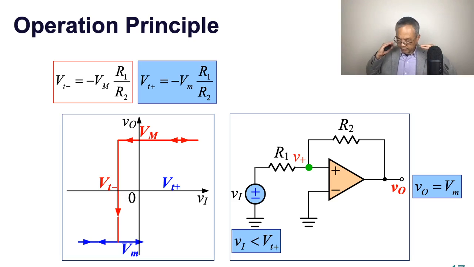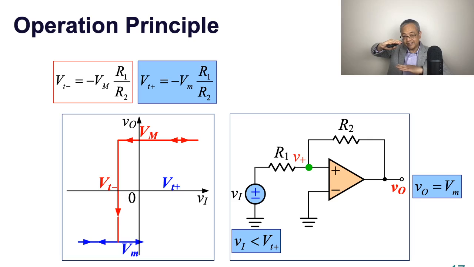The reason the circuit can remain at the second stable state, the blue stable state, is because VI is less than VT positive. When VI is less than VT positive, which means this is ground, V positive is here.